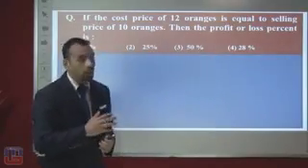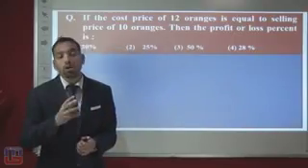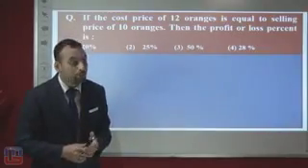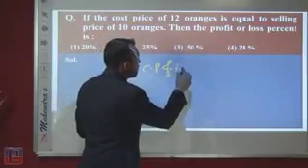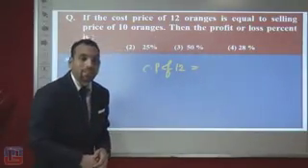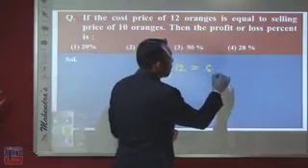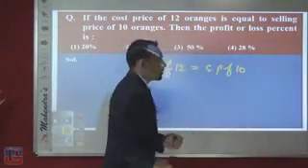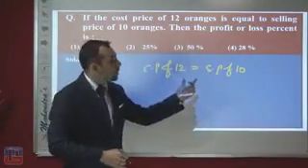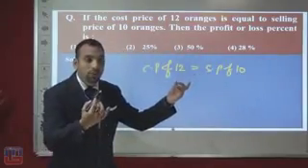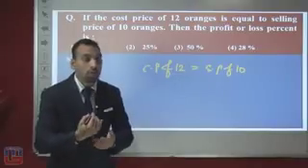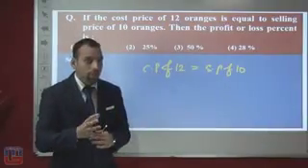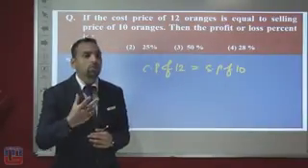Firstly, here you have to check whether we are getting profit or loss. Now how will we calculate? See, the question is saying CP of 12 oranges is equal to SP of 10 oranges. Firstly we have to check whether in this case it is profit or loss. Now see, I am purchasing 12 articles for some rupees.